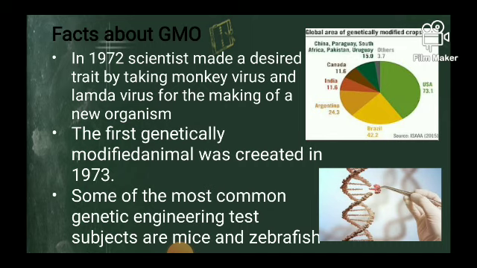You can see that the USA has the most genetically modified crops, 73.1%, and that's a lot. Brazil after that, Argentina 24.3, India 11.6, Canada and India have the same genetically modified crops.